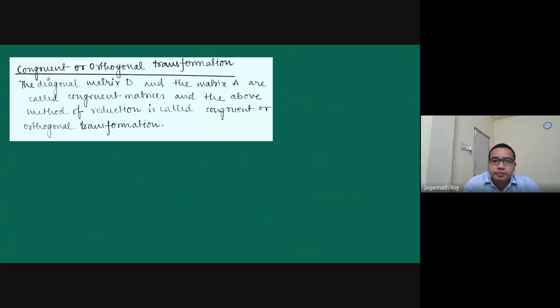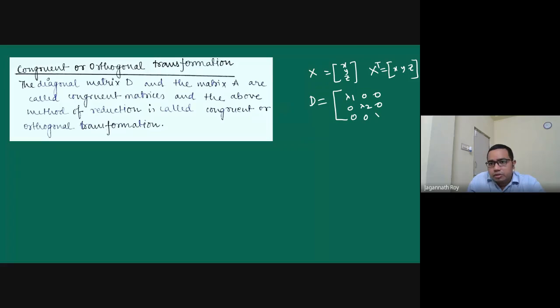So we'll write the vector as capital X = (x, y, z), and x transpose is x, y, z, a row vector. Then we have seen D is lambda 1, 0, 0, 0, lambda 2, 0, 0, 0, lambda 3.